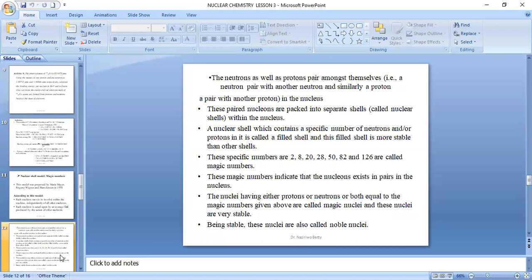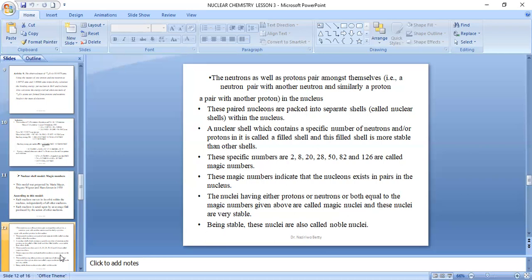These paired nucleons are packed into separate shells called the nuclear shell within the nucleus. A nuclear shell which contains a specific number of neutrons or protons in it is called a filled shell. And this filled shell is more stable than other shells. These specific numbers are 2, 8, 20, 28, 50, 82, and 126.